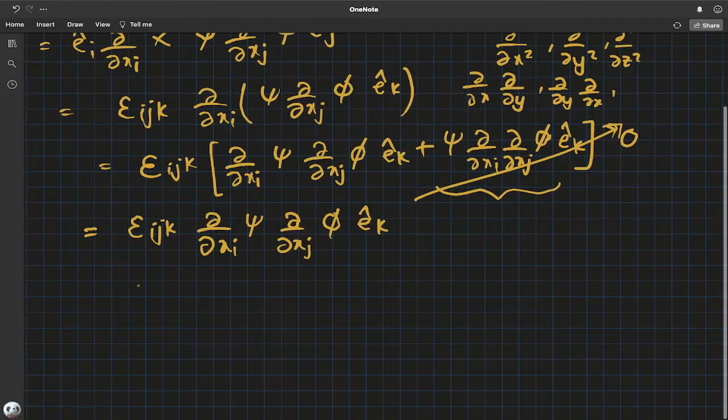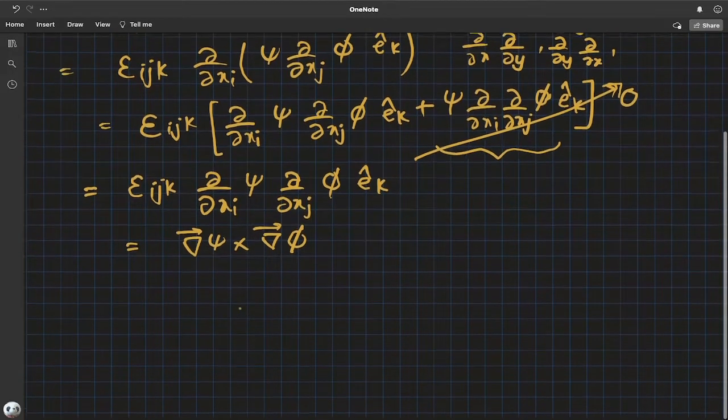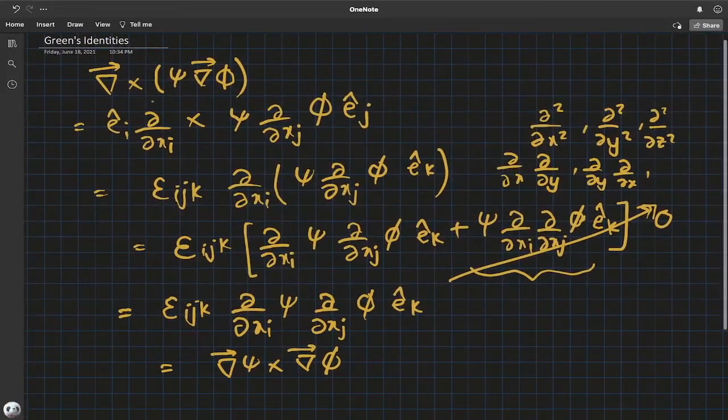If you notice closely, and again this comes with lots of practice, this is just the gradient of psi crossed with the gradient of phi. So that's what this term turns out to be. It's going to be important, so let's just mark it as 1.